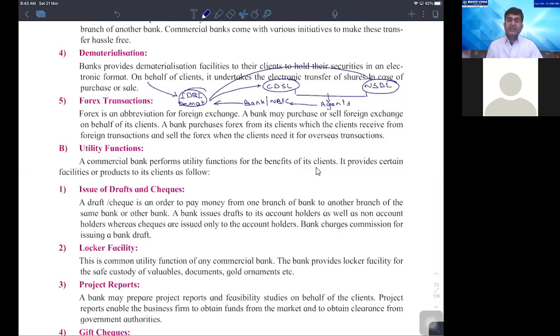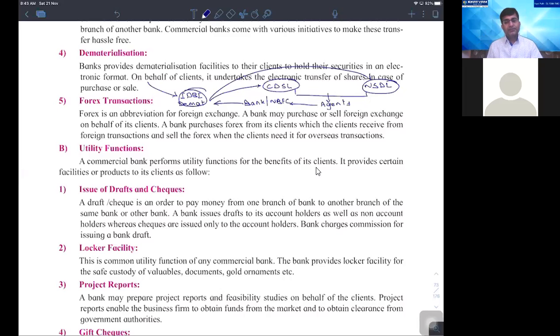On behalf of clients, it undertakes the electronic transfer of shares in case of purchase or sell. तो परचेस और सेल मैं इनिशिएट करता हूं, और मेरे इनिशिएट करने के बाद में वो मेरे डीमैट अकाउंट को डेबिट या क्रेडिट करते हैं. When I purchase the shares, they will credit my demat account. And when I'm selling those, they will debit my demat account for that particular transaction.